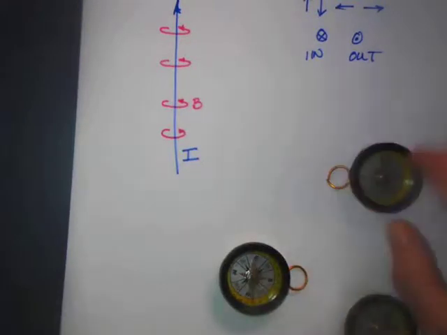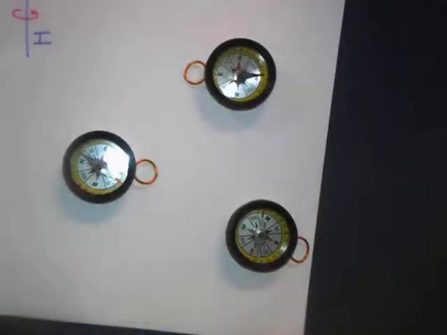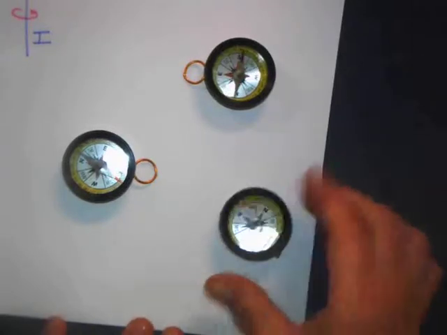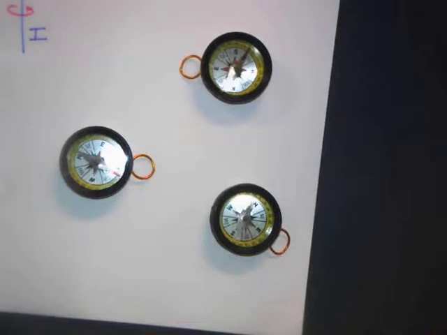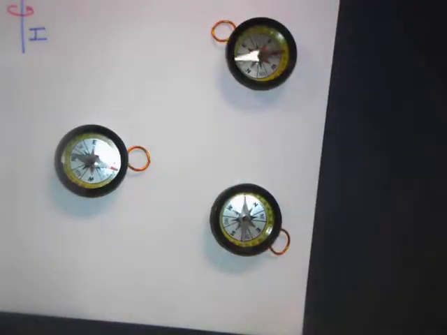These compasses should, if we give them a couple seconds, can you move them into the light a little bit more? Thank you. So those compasses should orient themselves. They're not the most expensive compasses in the world.